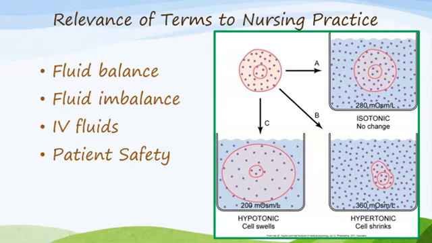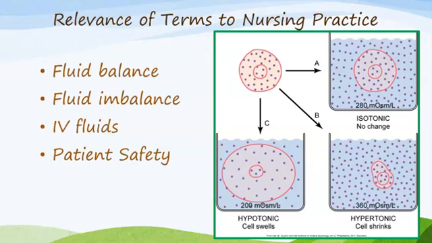What that means is that we're going to have a net movement of fluid. So fluid is still going to be moving between the cell and the surrounding spaces. However, we're not going to see that there is a change in concentration. Because we don't have a change in the concentration, we're going to see that there is no change in the size of the cell. It stays the same.